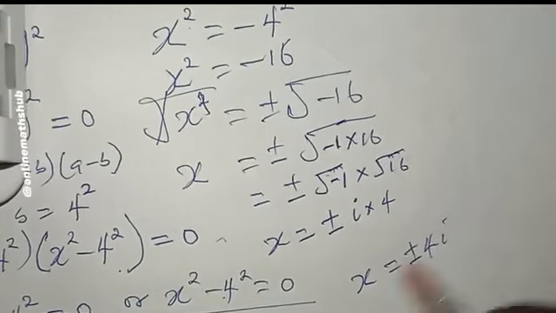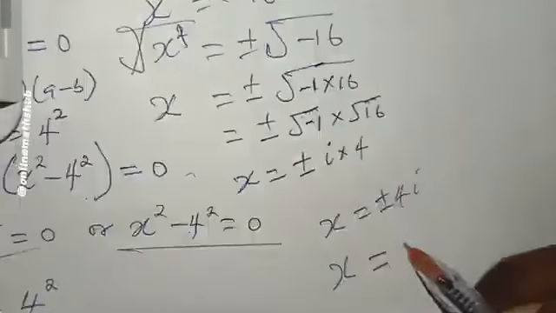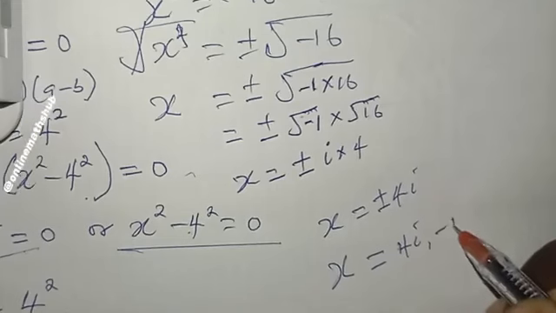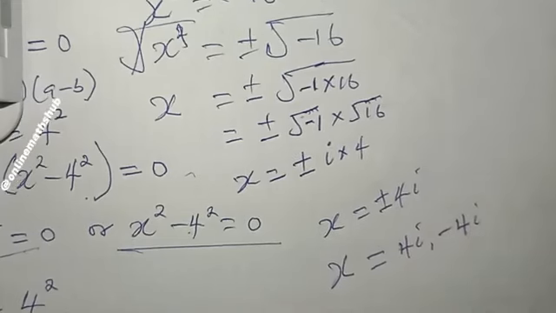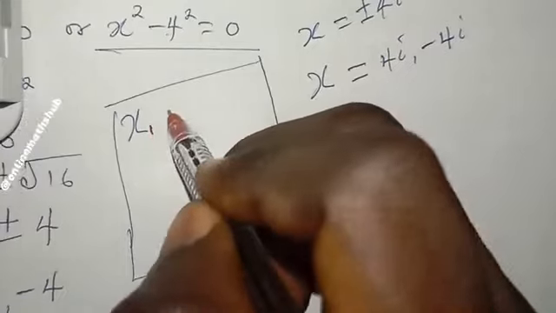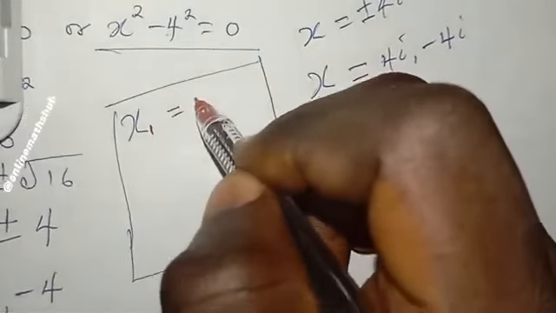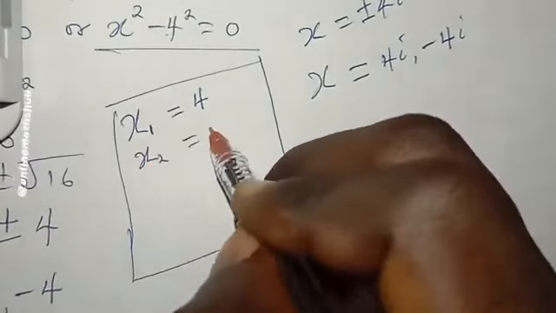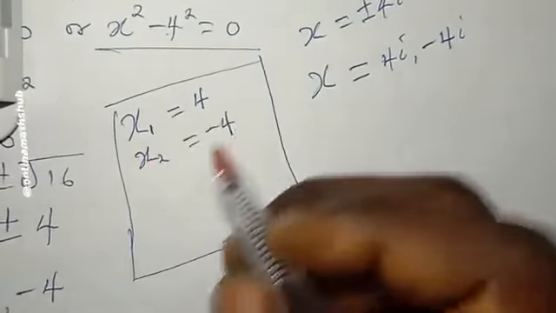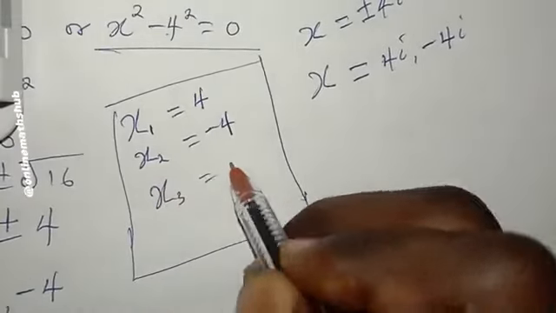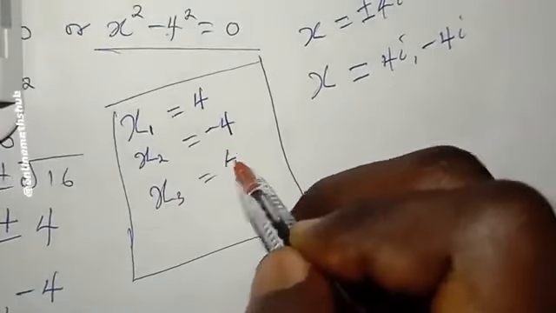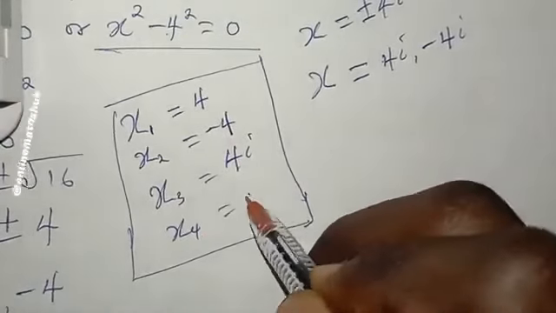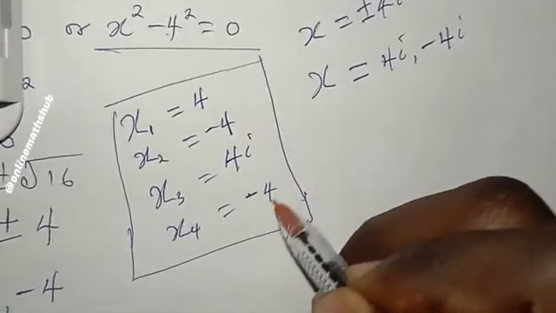And you can see clearly here that the two values of x are positive 4i and negative 4i. So putting everything together, x1 is equal to positive 4, x2 is negative 4, the third value of x is positive 4i, and the fourth value of x we've got to be negative 4i.